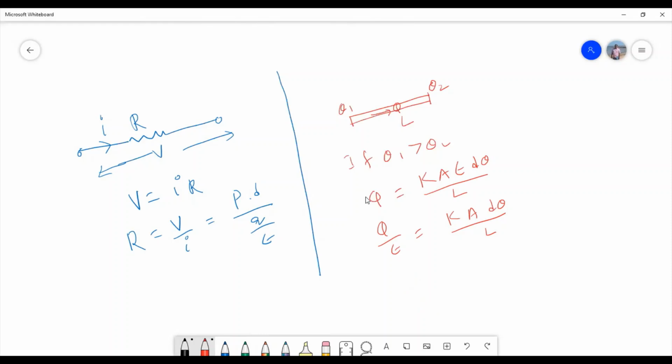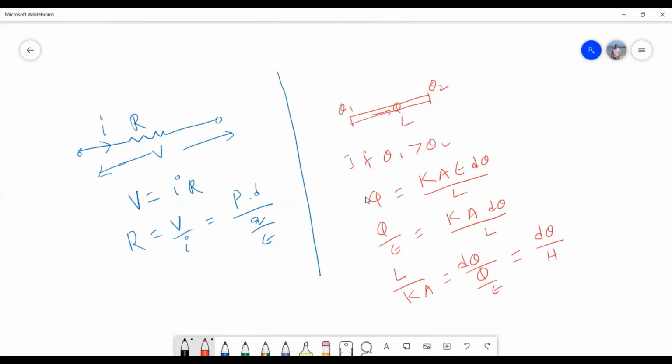So what I'll do is I'll take L by KA is equal to dθ by Q by t. Remember, here when there is a temperature difference, then only energy will flow, right? So sometimes we write dθ by H. Now you just compare with this equation.